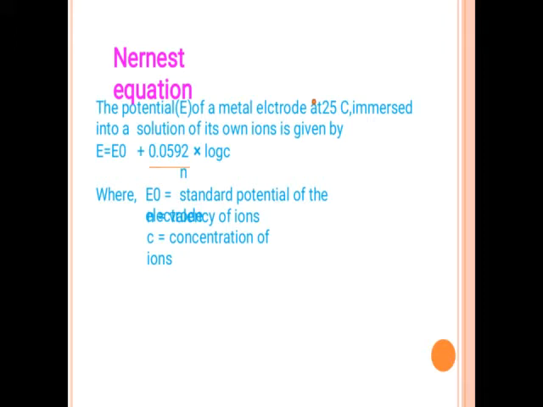So we have seen what happens in potentiometry, the basic principle. Next, it generally obeys the Nernst equation. What is the Nernst equation?